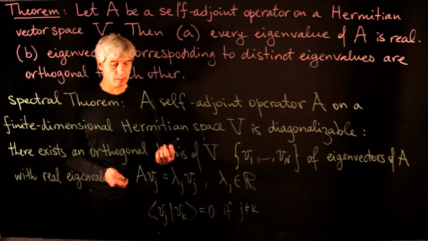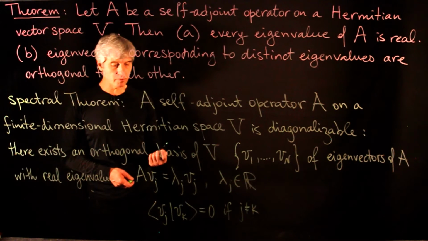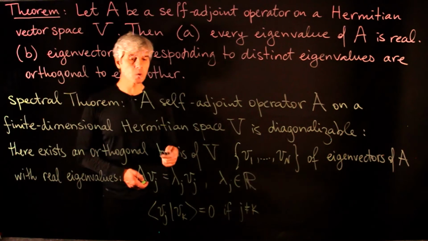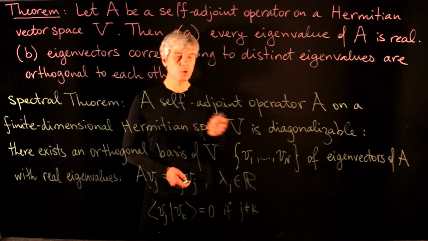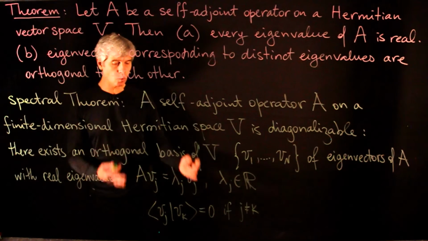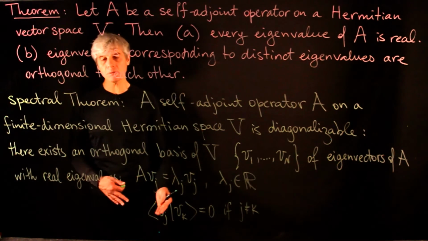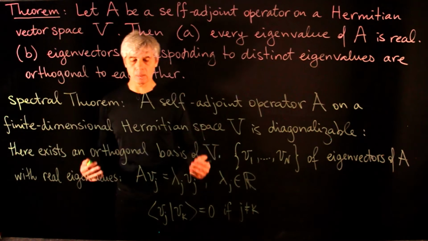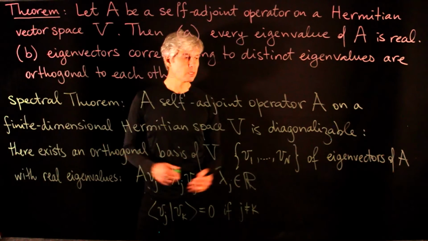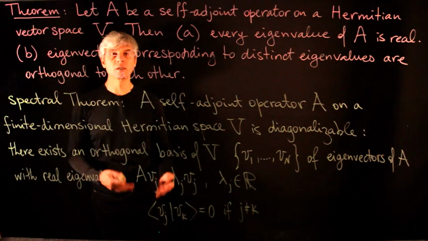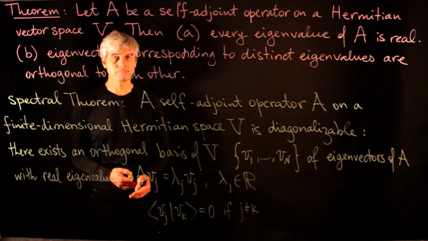An interesting thing is that if you want to prove this theorem just for real matrices, you still have to go to complex numbers and you have to consider this wider class of self-adjoint operators. So in order to prove this theorem for real symmetric matrices, you need to state the spectral theorem the way we stated it here. So deal with Hermitian spaces and not just dot products with Rn.